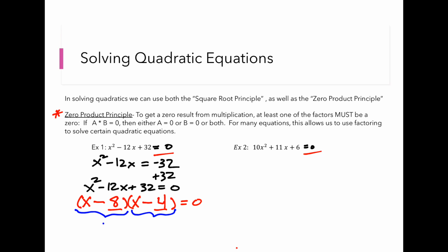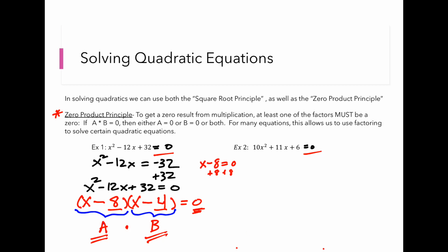And thinking of this in terms of A and B, if I think of this as A times B, I know that I can get 0 only if the first parenthesis comes out to be 0, or the second parenthesis comes out to be 0, or both of them come out to be 0. Now let's take a look at A. With x minus 8, we have to think, what number would I plug in for x to get 0?